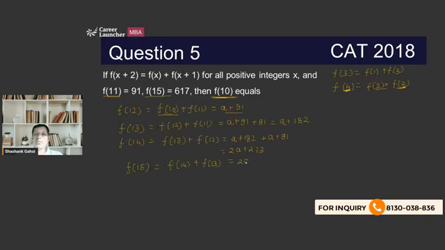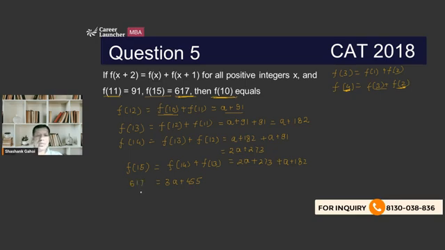F14 is 2A plus 273. F13 is A plus 182. So this is equal to 3A plus 455. And this value in reality is given to us, that is 670.